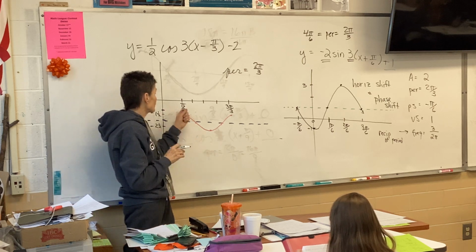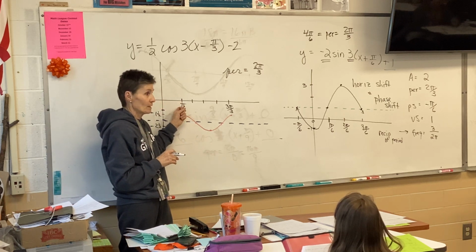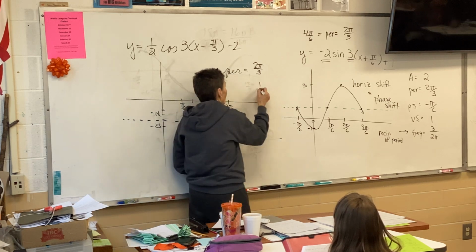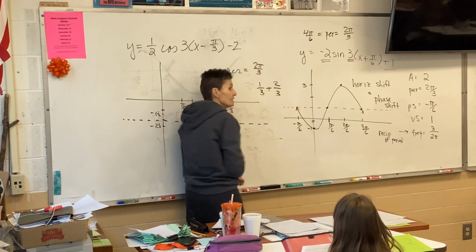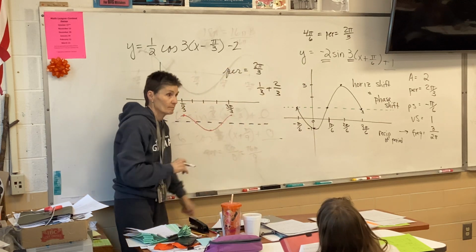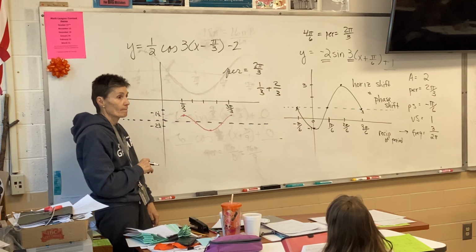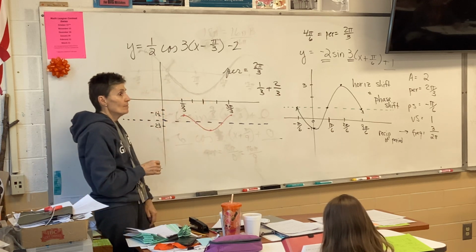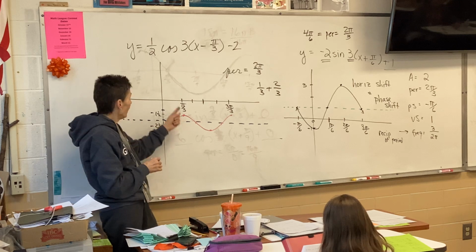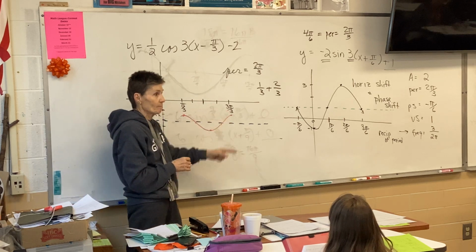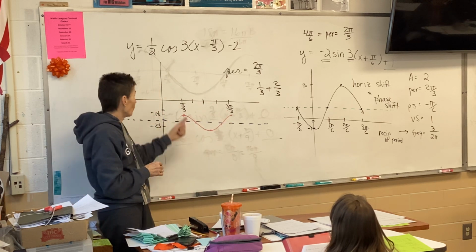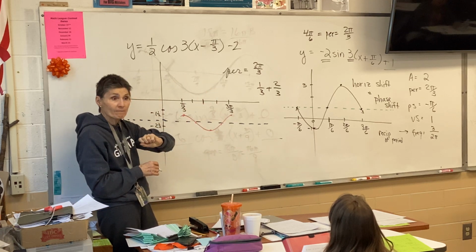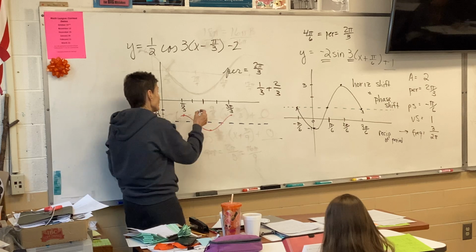You start at 1/3, travel 2/3, and 1/3 plus 2/3 is 3/3. Now what's going to be right here in the middle? The average of 1 and 3, both in thirds of pi. 1 and 3 is 4, and half of 4 is 2. So this is 2 pi over 3.